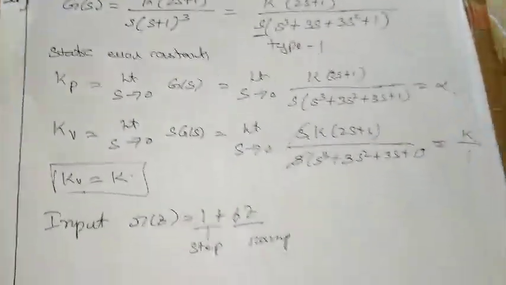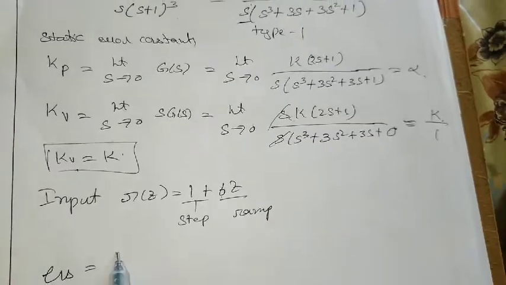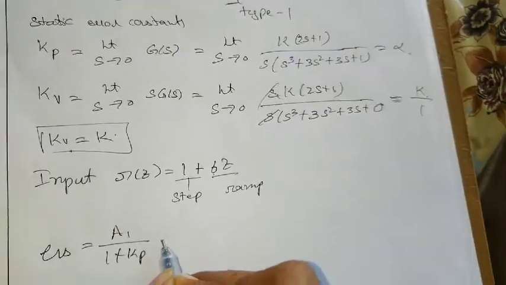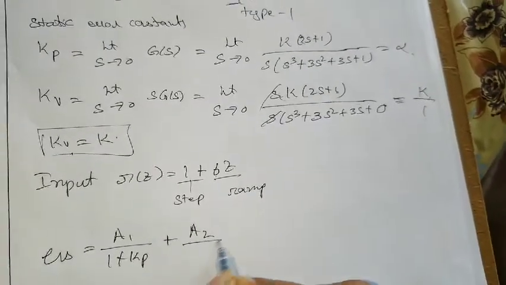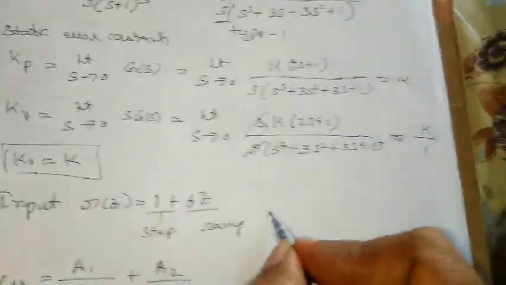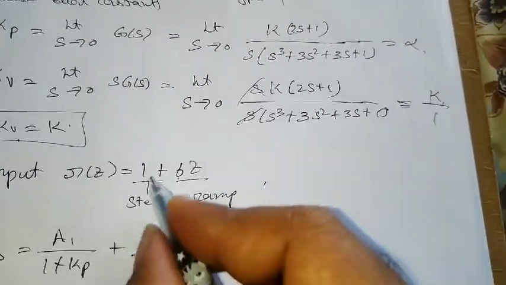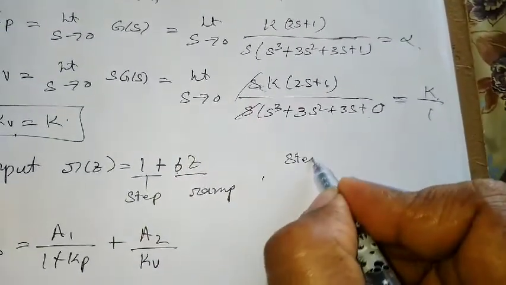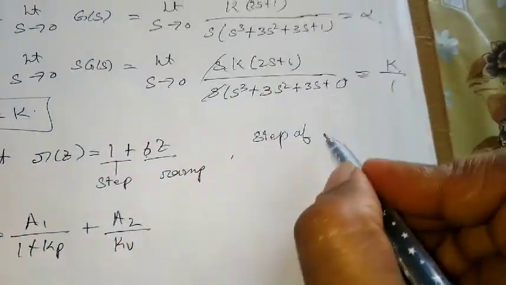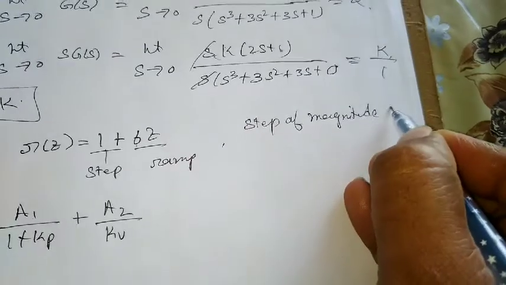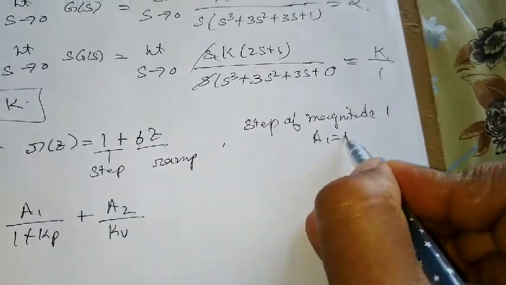So my ESS is given by A1 by 1 plus Kp plus A2 by Kv. So here the input consists of step input of magnitude 1. So A1 is equals to 1.